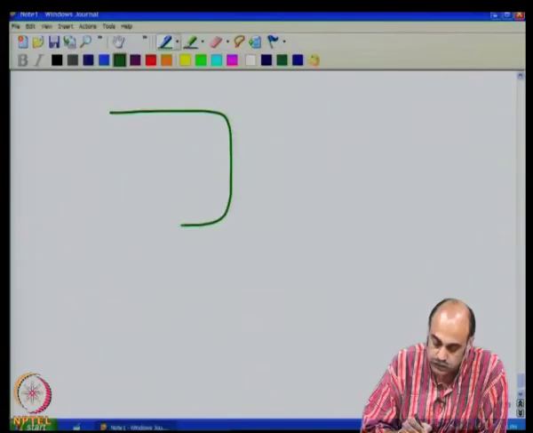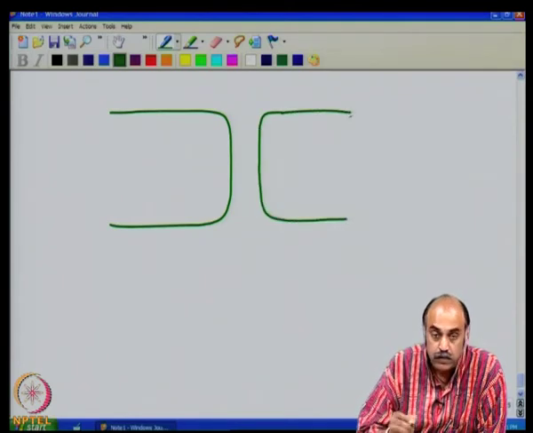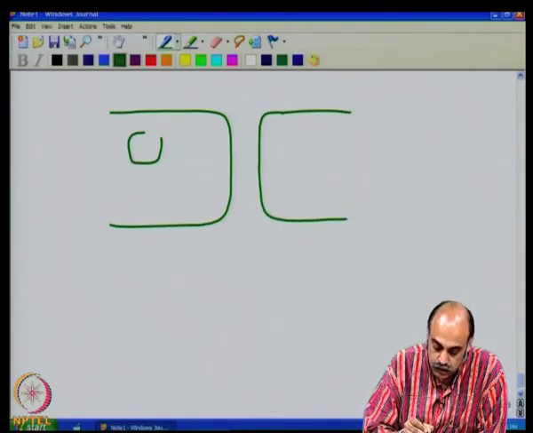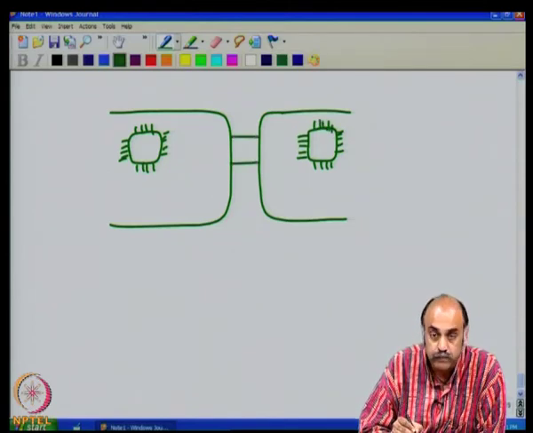Another important point that needs to be addressed here at this point is the issue of series inductance effect. If you are having two boards and you have let us say some high speed circuit here and maybe some high speed circuit here, and you have a connector.